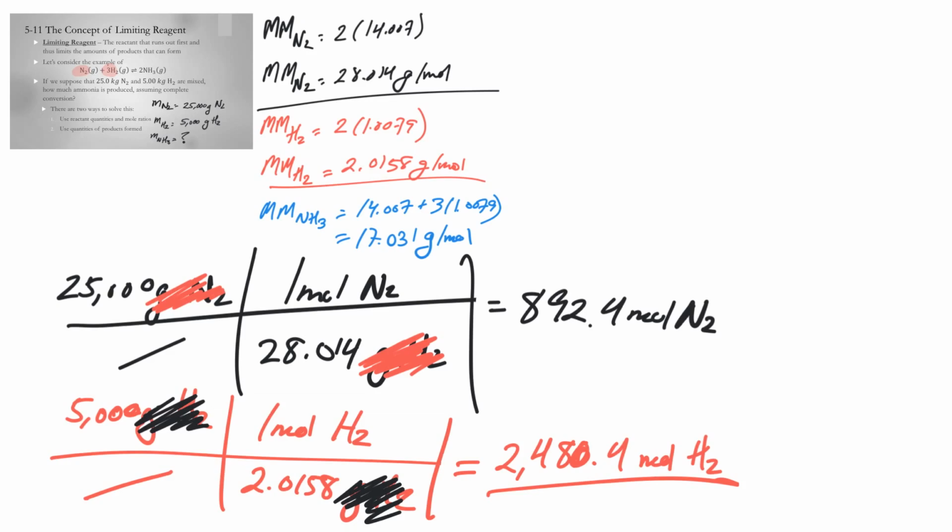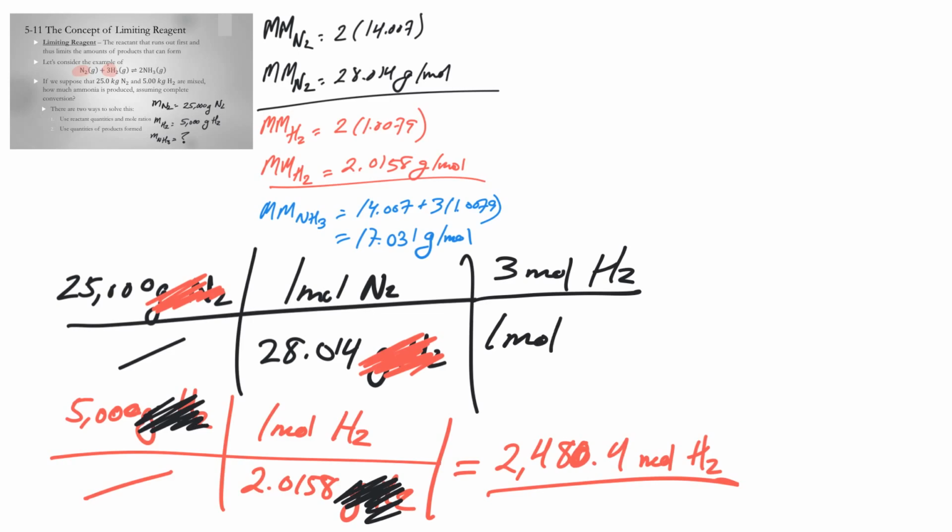If I erase this right there and I just do the mole ratio of the reactants, okay. So we have 3 moles of hydrogen in the reaction for each single mole of nitrogen.